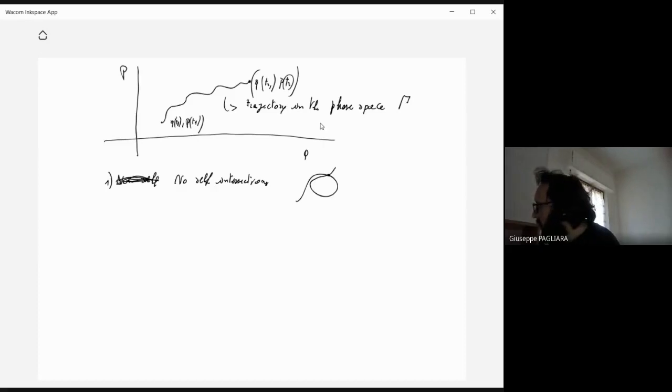Why? In that case I would have a bifurcation. So at this point I don't know where to go. If I have to go here, if I have to go here in time, unless I have a periodic trajectory.